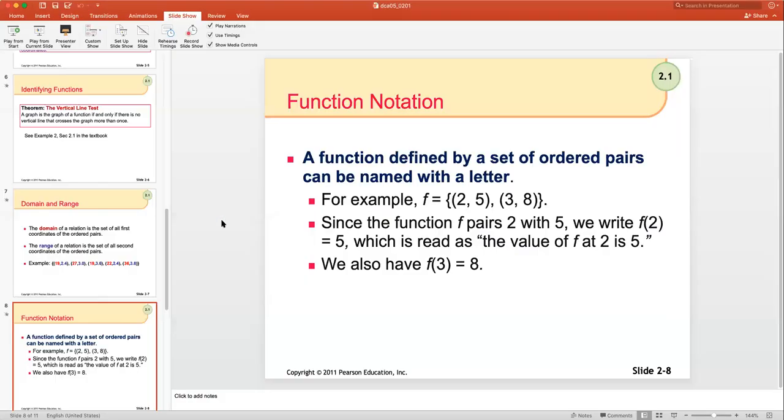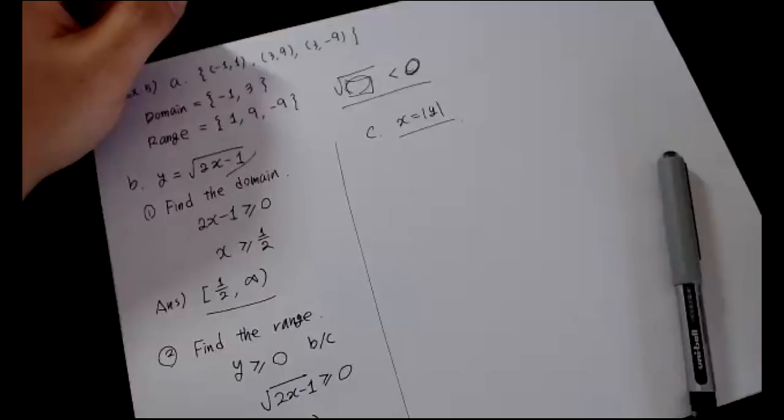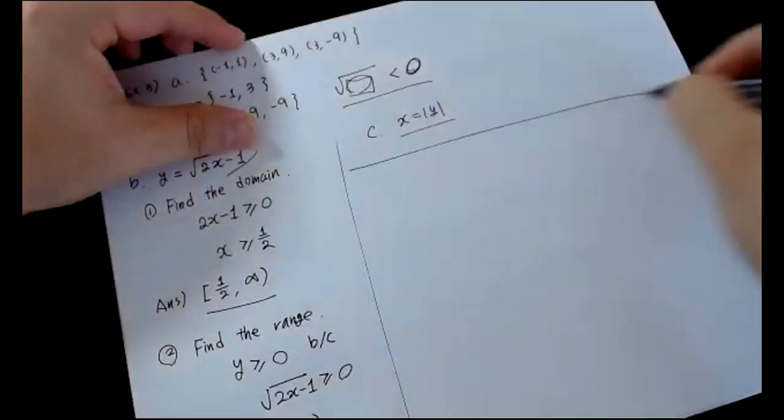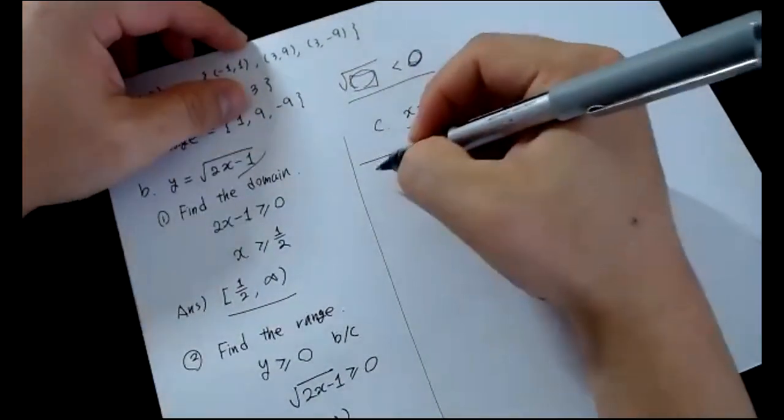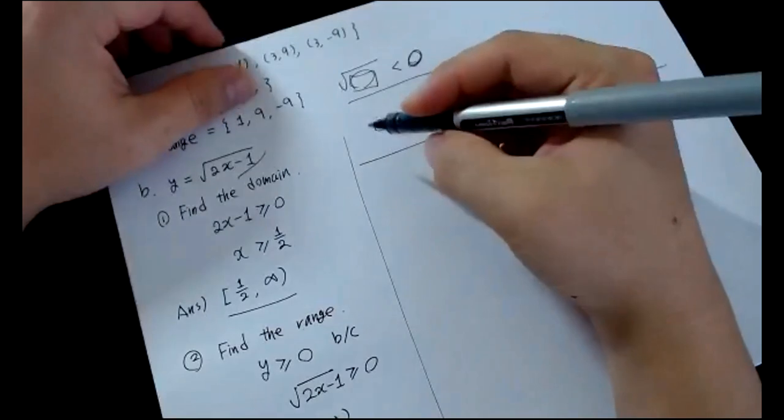A function defined by a set of ordered pairs can be named with a letter. I gave you one example, right? Letter F. Back to the sketch paper. Function notation, that's objective number 5, right?